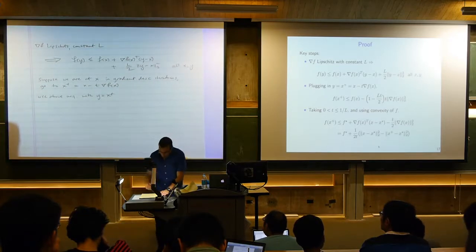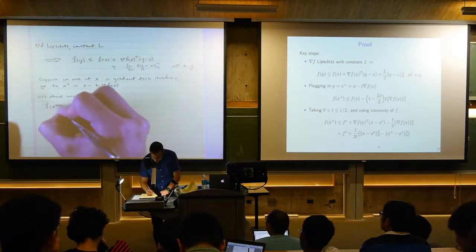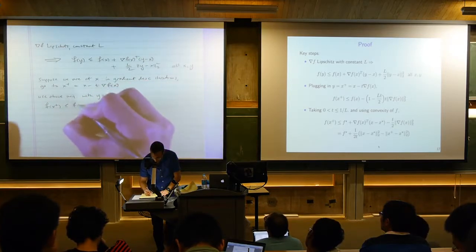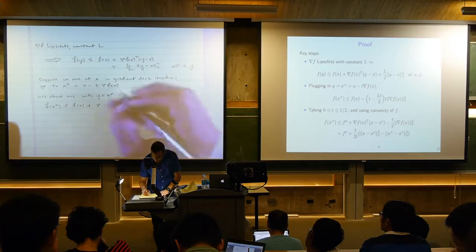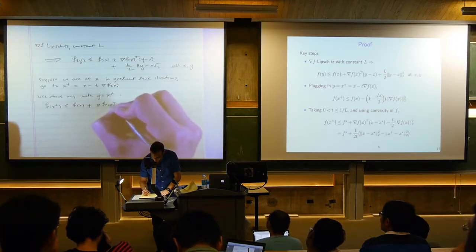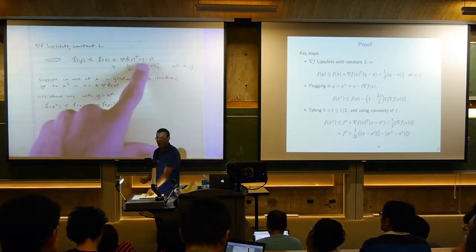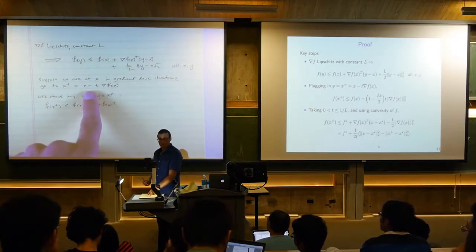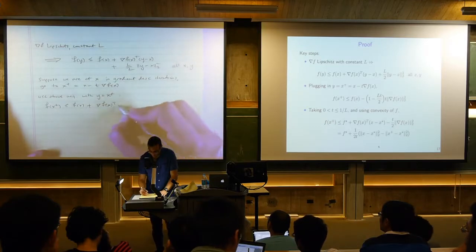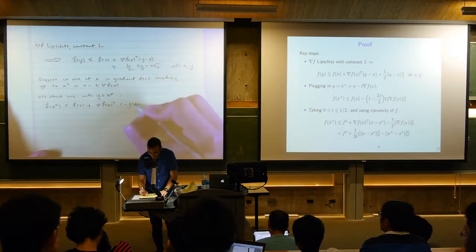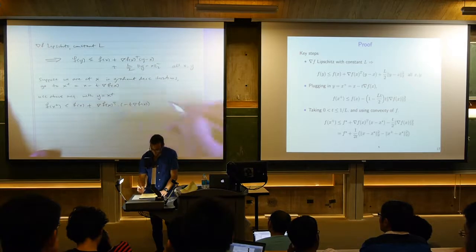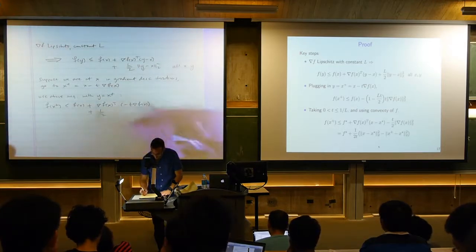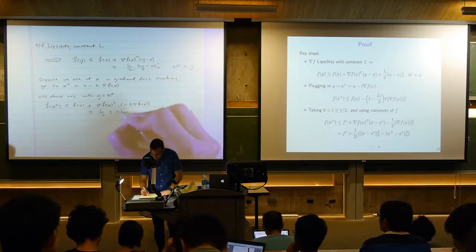So when we do that, we see that f of x plus is less than or equal to f of x plus the gradient of f of x transpose times y minus x. Now what's y minus x when y is x plus? It's just minus t times the gradient. And it's the same thing here, we just get minus t times the gradient.